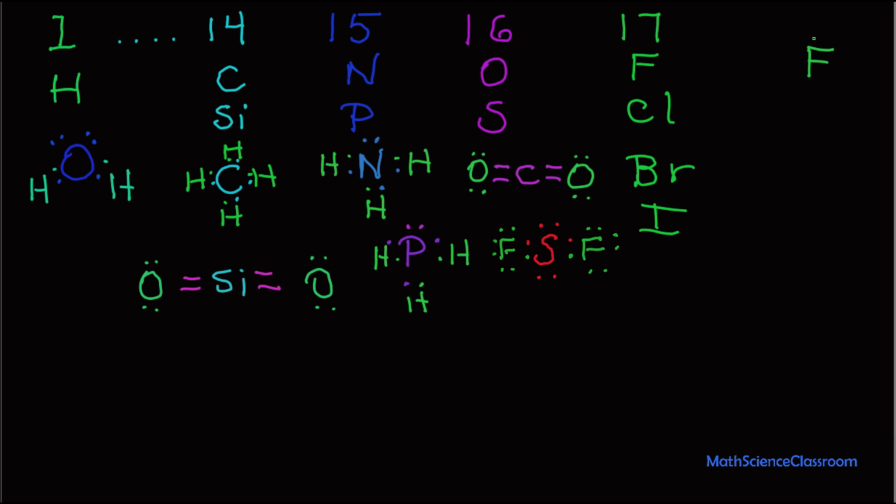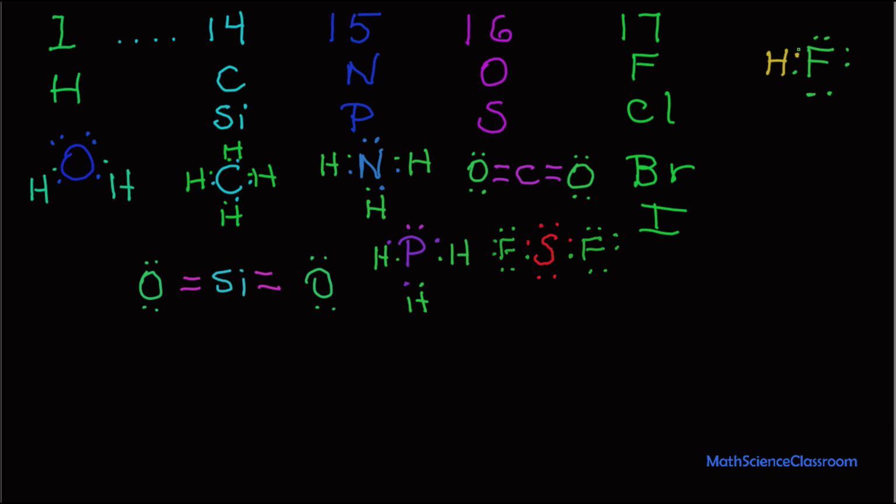The fluorine provides 7 electrons. So there we have 6, and then we have the shared electron, and then hydrogen provides an additional electron. So hydrogen's valence is filled, and fluorine's valence is filled with 8 electrons.